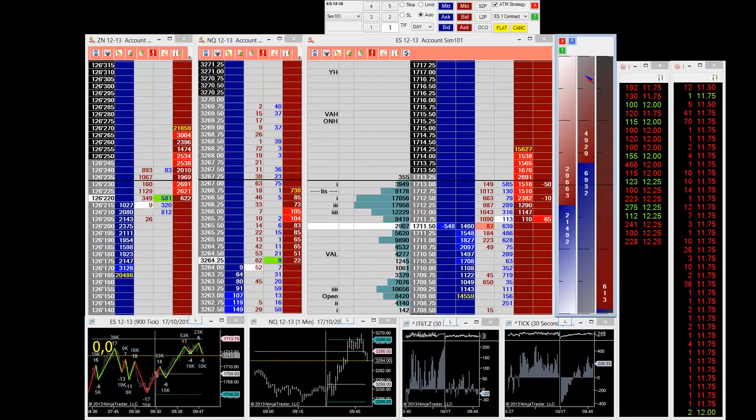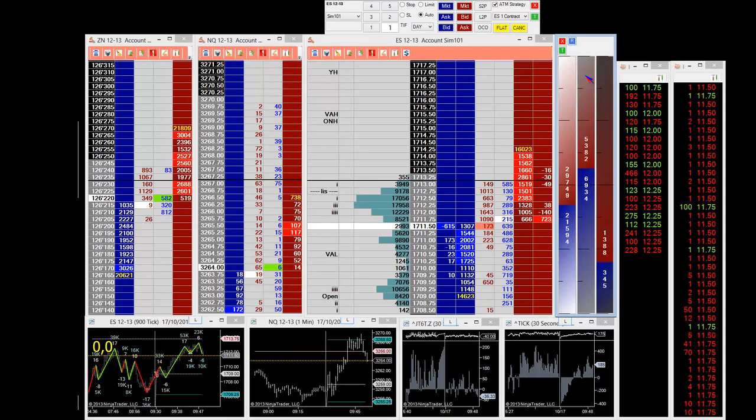Now, one of the key things about this, when we actually decide we want to exit, if there's a really large bid or offer in the way between us and the stop, we might just let it trade to that point and actually see what happens.